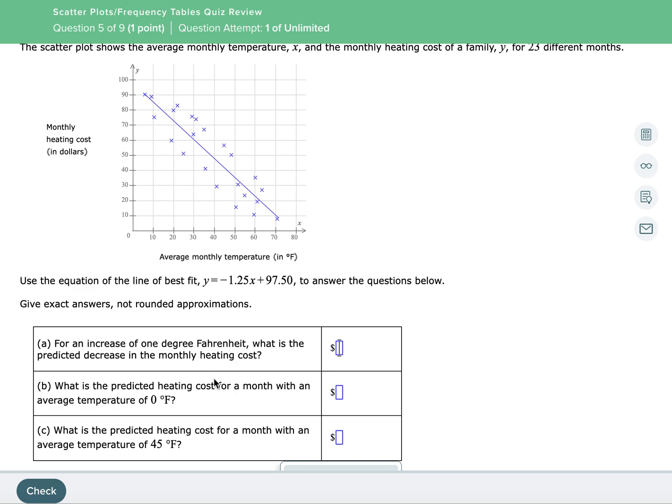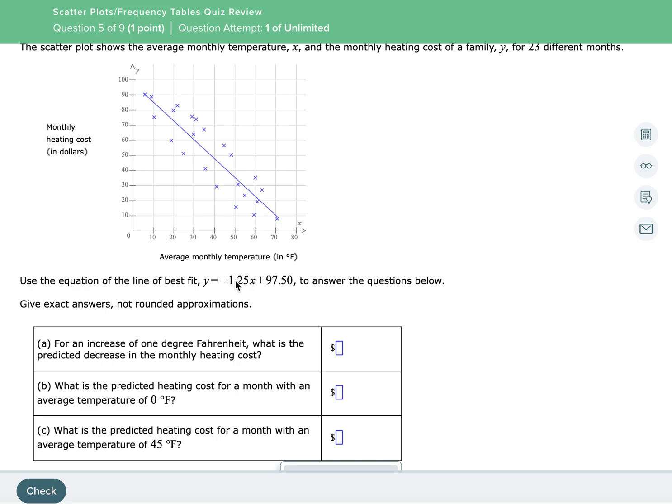All right. Now, if I do an increase of 1 degree Fahrenheit, I'm saying if it were 1 degree and I put 1 in here, what's going to happen? Well, you should hopefully be able to see that if you multiply negative 1.25 by 1, we're going to have negative 1.25.